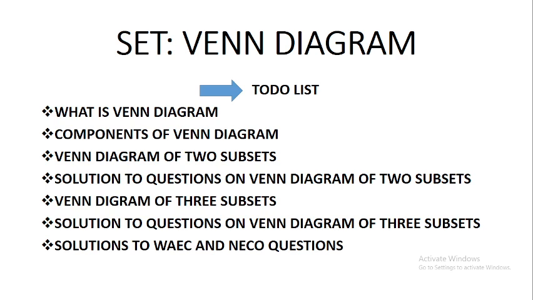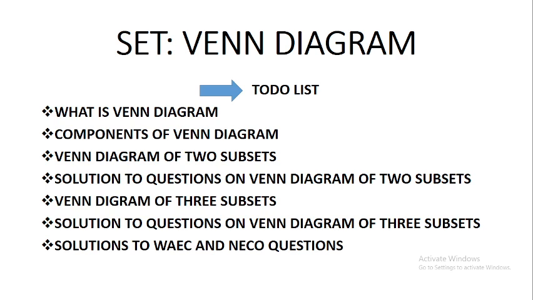I want to welcome you to this series on Venn Diagram. I want to welcome you to this video on Venn Diagram. And this is the second phase of set theory. In the first phase, we talked about set theory.